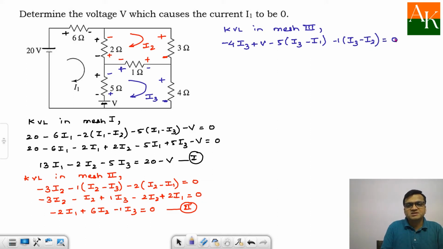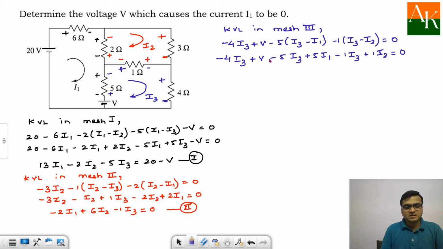I have completed the loop, equal to 0. So I will have minus 4 times I3 plus V, minus 5 times I3 plus 5 times I1, minus 1 time I3 plus 1 time I2 is equal to 0. We will arrange the terms so that I1, I2, I3 are on one side with the coefficient of I3 positive. So this leads to minus 5 times I1 minus 1 time I2 plus 10 times I3 is equal to plus V. And this is my equation number 3.